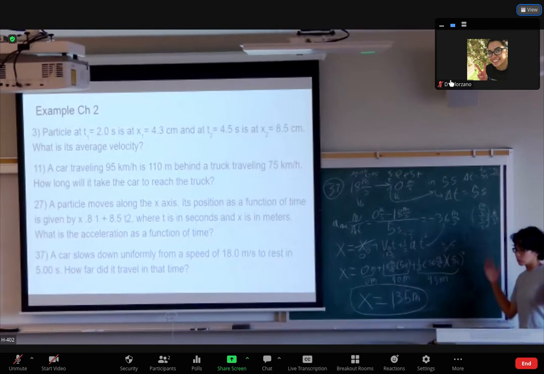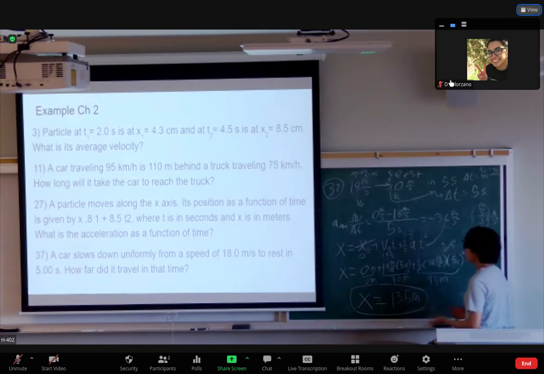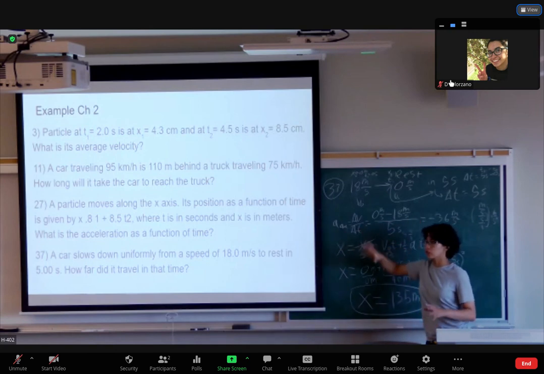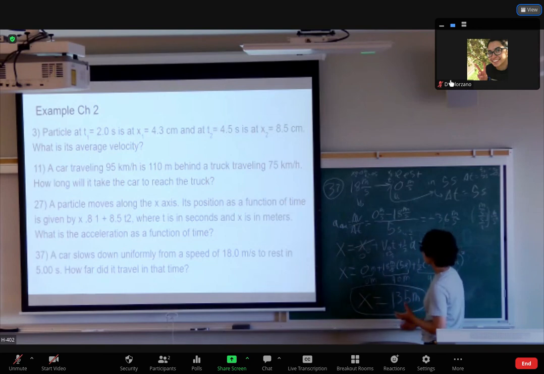That helps in determining what type of equations you're using. Anyway, you're going to find the average acceleration and assume that it's very close or exactly your constant acceleration.